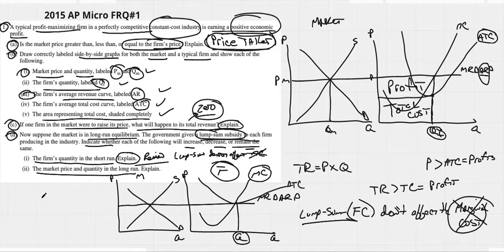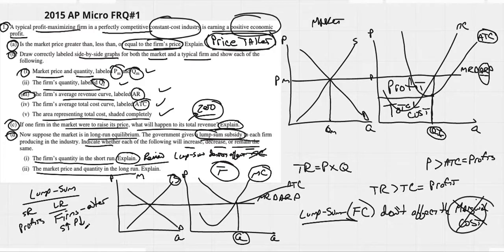Understand, right, that when they start giving out money, though, lump sum subsidies, now all of a sudden these firms will be making profits. In the short run, if firms are making profits, we know that in the long run, this is going to attract other firms into the industry. So firms will enter. When firms enter, the supply would increase or shift to the right.